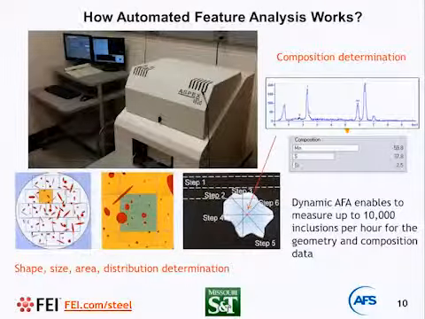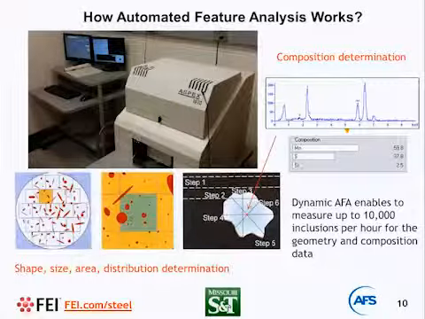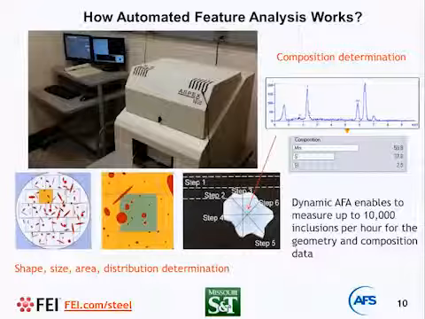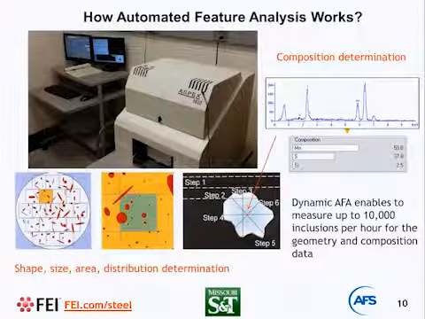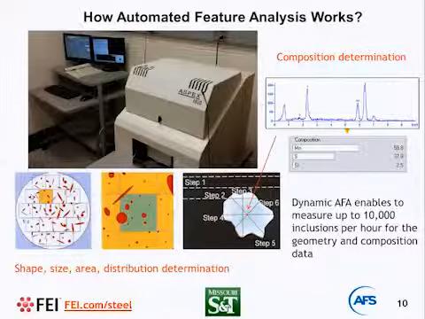Okay, here is a nice picture showing the ASPEX model 1020. This instrument is located at the Missouri University of Science and Technology in Rolla, Missouri. On the bottom, it shows the mechanism of how it works.